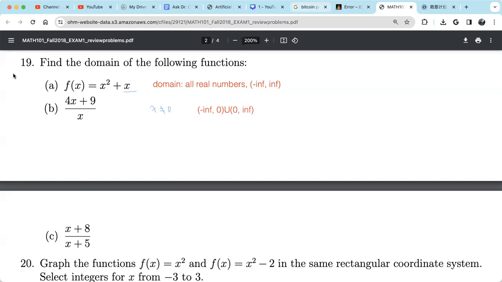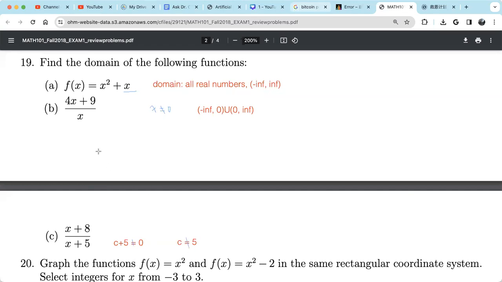Well, let's see C. x plus 5 cannot be 0. Not equal to 0. Well, move 5 to the other side. That means x cannot be negative 5. So the domain is x not equal to negative 5.